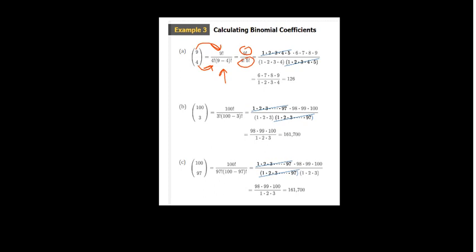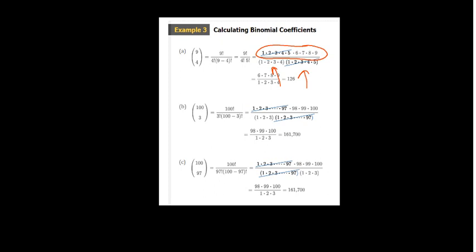And then these numbers get pretty janky pretty fast, right? But there is some manipulation you can do. If we write out the 9 factorial in the numerator, that's 1 times through 9. In the denominator we see 1 to 4 and then 1 to 5.